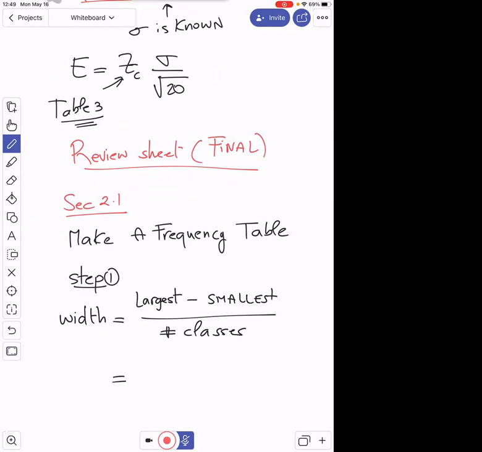Like in the first problem in the review sheet, the largest value, I think it's 44, if I'm not mistaken. Please correct me, guys, if I made a mistake. The smallest value, I think it's 2, right?